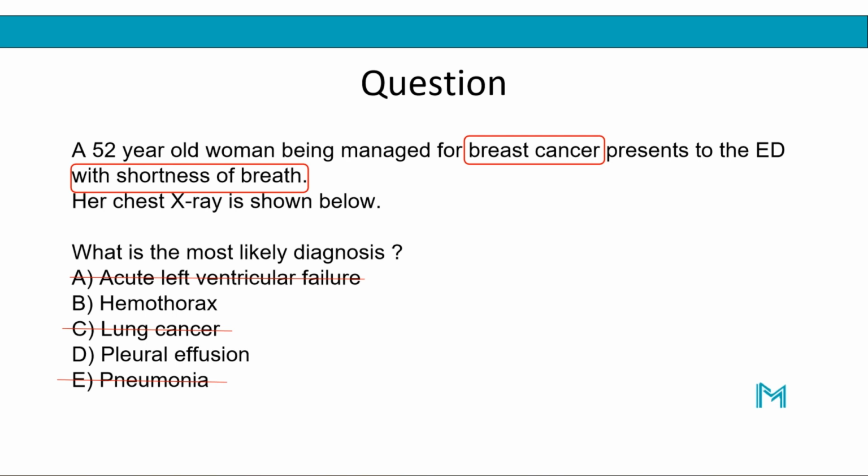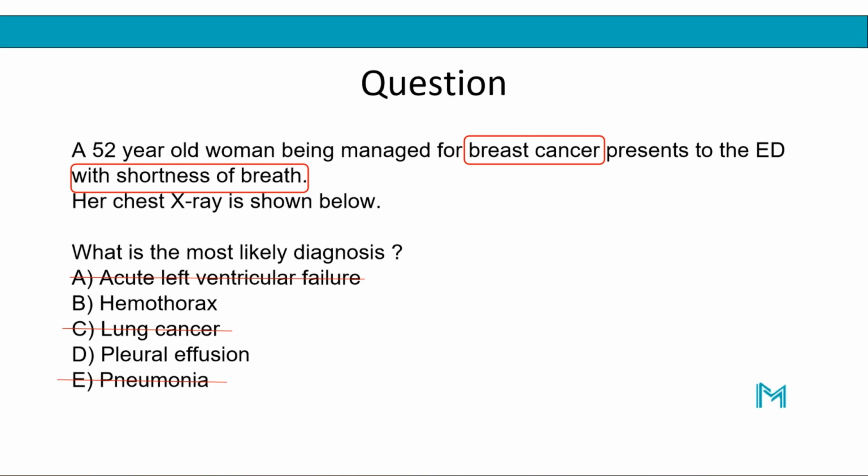But again, in heart failure, mostly the fluid is more on the right than on the left. But in that case, you can have more fluid on one side than the other. But in this patient's chest X-ray, it seems to be more obviously fluid on the left than any other part of the chest. So we also rule that out.